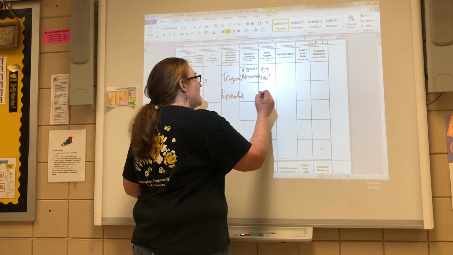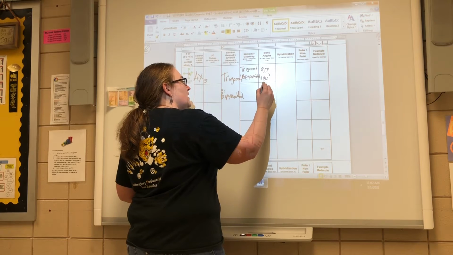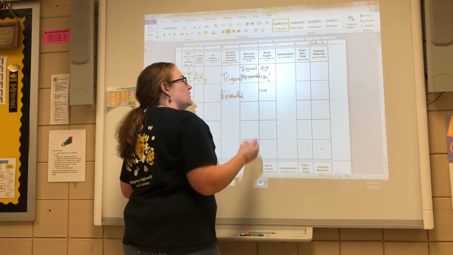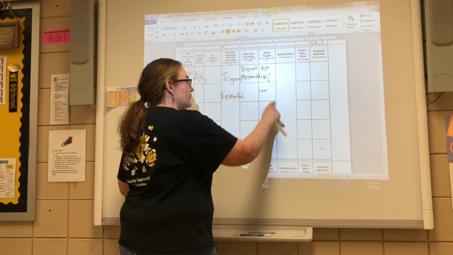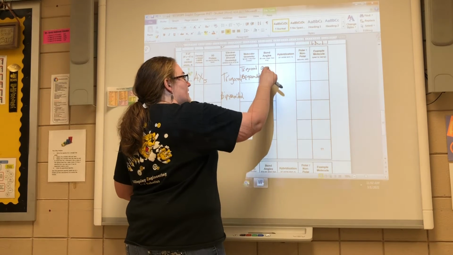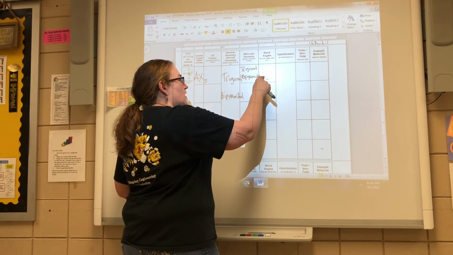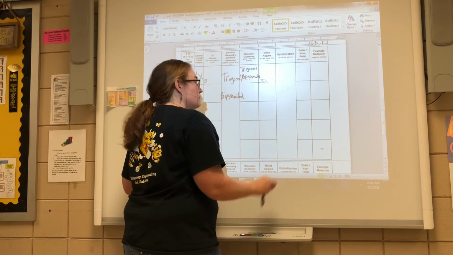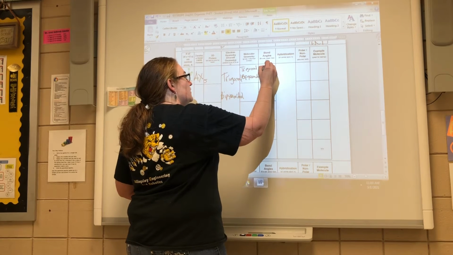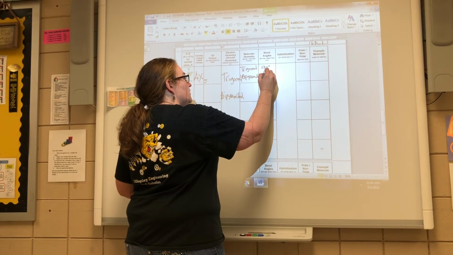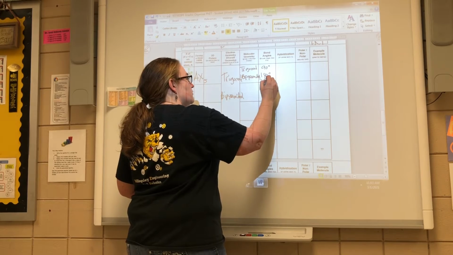So you have a 90, a 180, and a 120, all in this trigonal bipyramidal. 90 degrees, 180 degrees, 120 degrees.